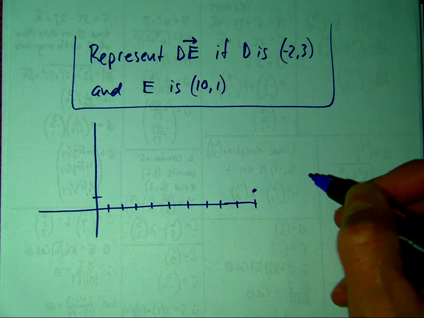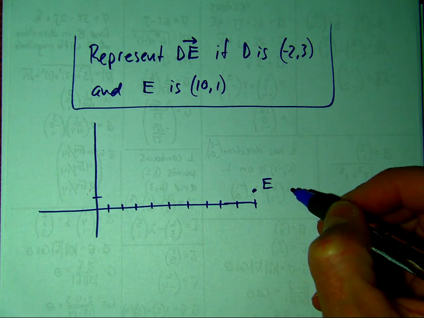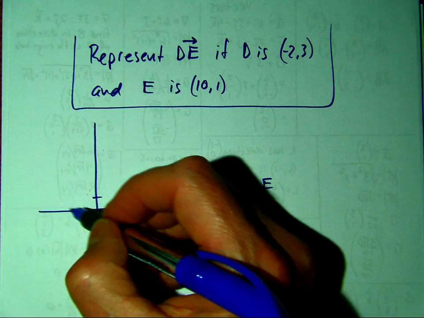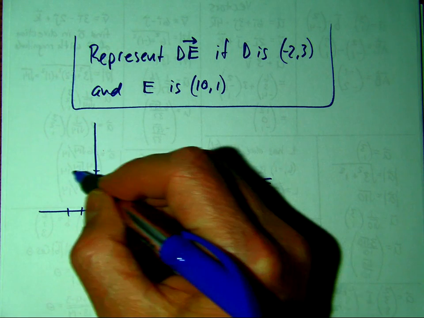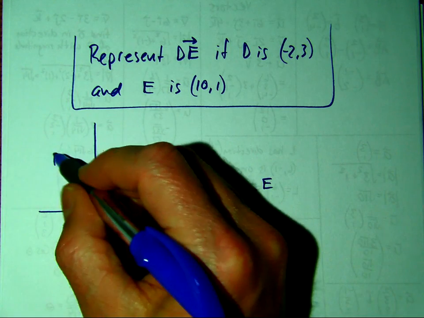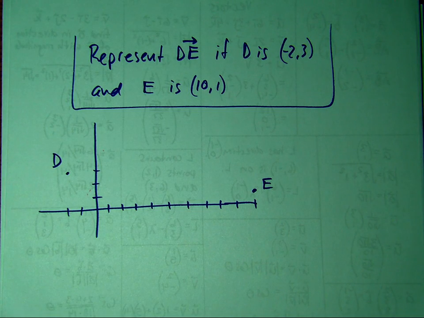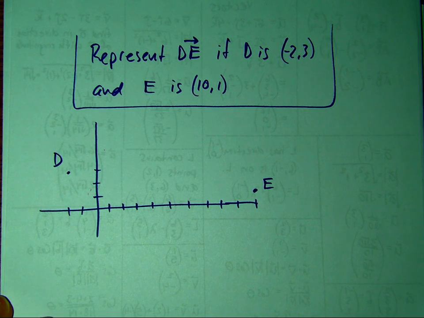Here's E. All right, and we need to go from D to E.